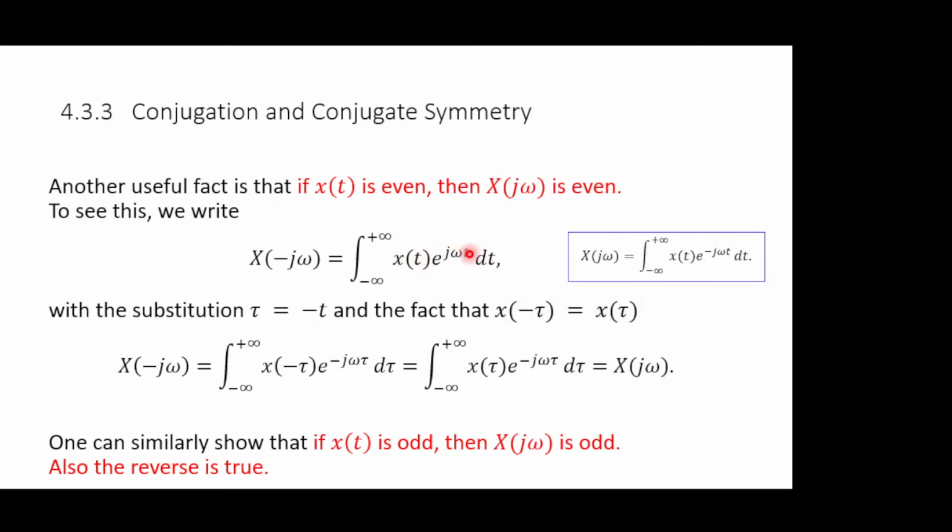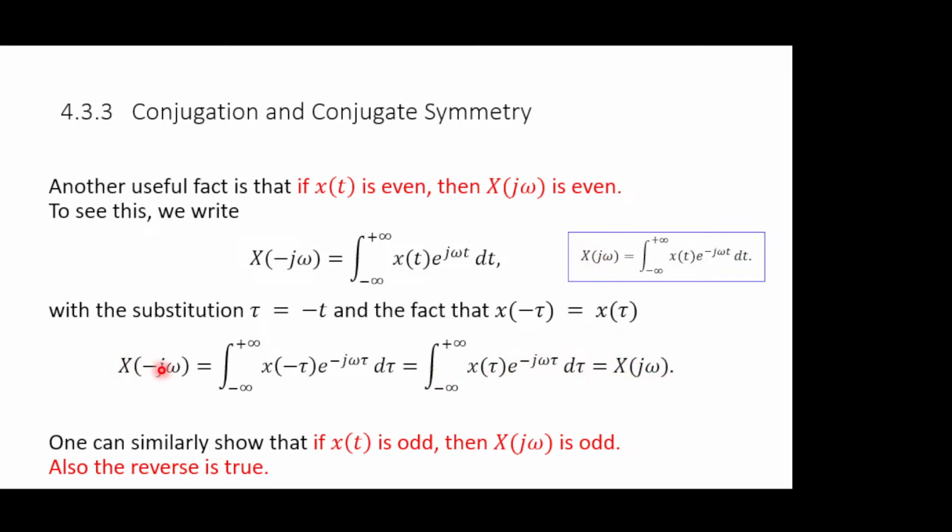First we change t to negative tau, so we get back the negative sign on the exponential. Then we use that x is an even function, so x of tau equals x of minus tau. Then we skip one step: you can change this integration variable from tau back to t, because tau is just a dummy variable. Comparing this to the original, you see that this is just X of j omega.